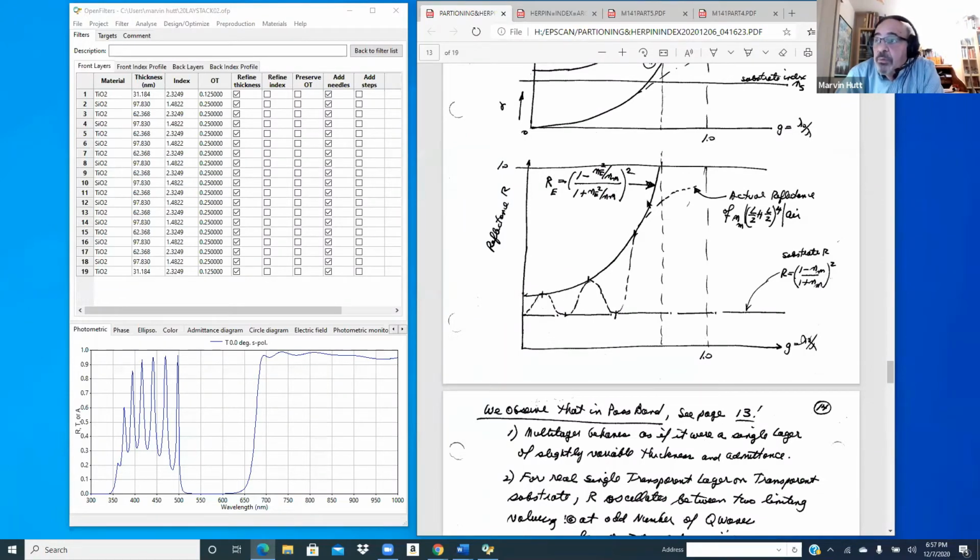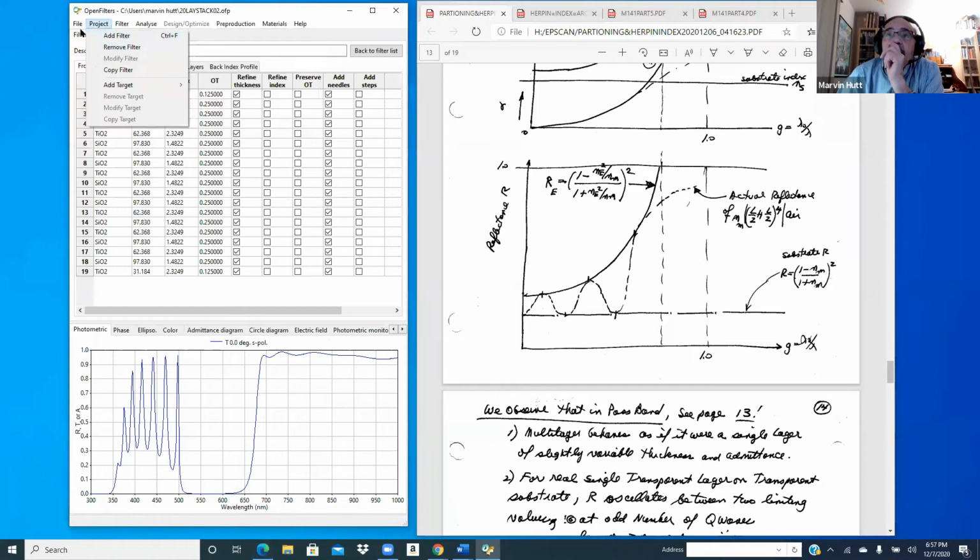That's this envelope, okay? And this is the line here, which is the substrate. And so the envelope, the actual reflections, is going to oscillate in that, okay? This one is the wrong one for that. Let's go back. Let's show you that in a minute.